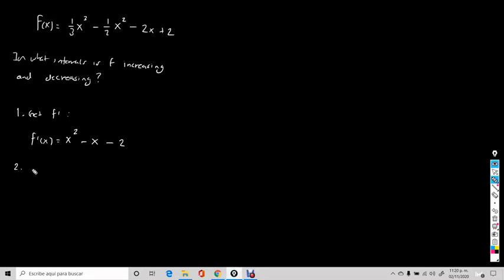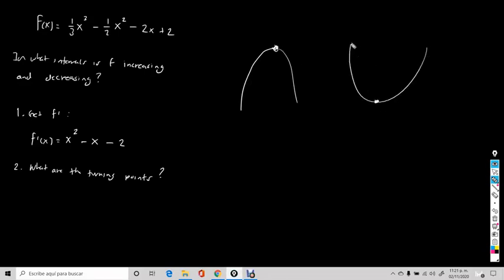So number 2, what are the turning points? Well, the turning points, when a function goes from increasing to decreasing, or the other way around, from decreasing to increasing, happen when the slope is 0.